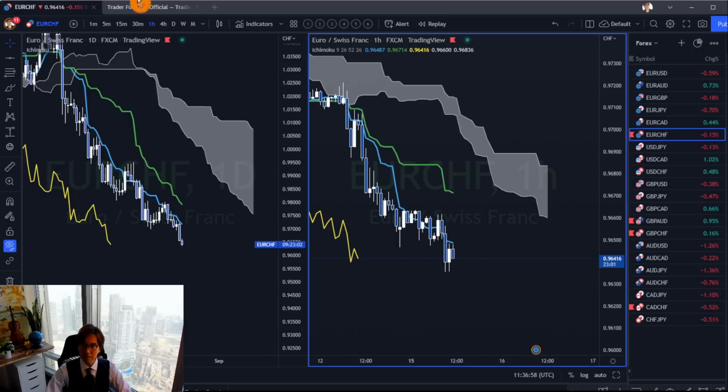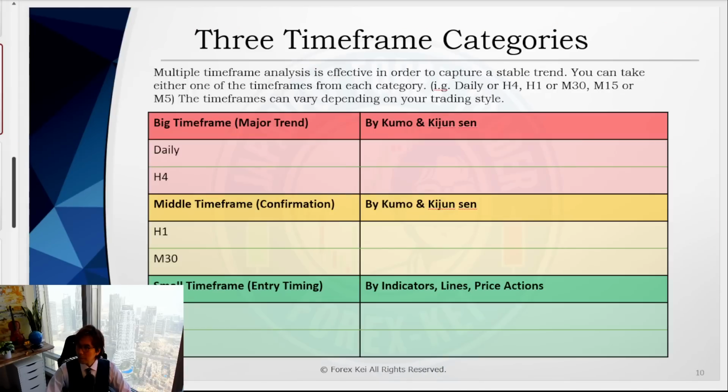So in this example, daily confirmed downtrend, and then 1 hour confirmed downtrend. Right, and then you go down to the lower time frames, and this is where you can look for an entry timing, which I will talk about on the next video on Friday.